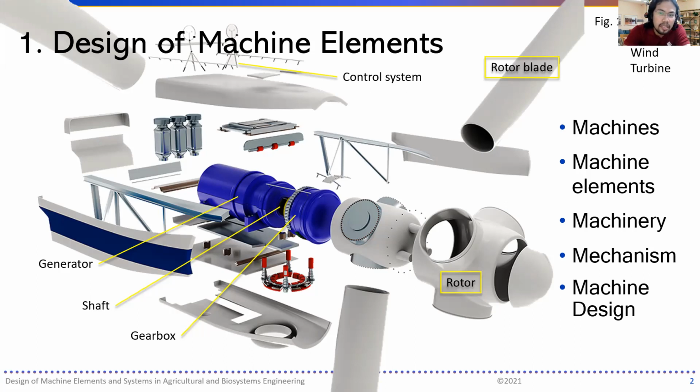Organically, machine and machinery could be used interchangeably, while in some usage, machines compose machinery, and a mechanism is how this specific machine or machinery operates.